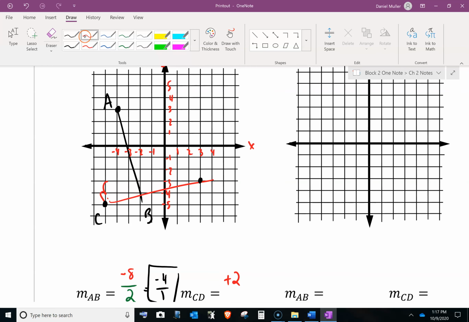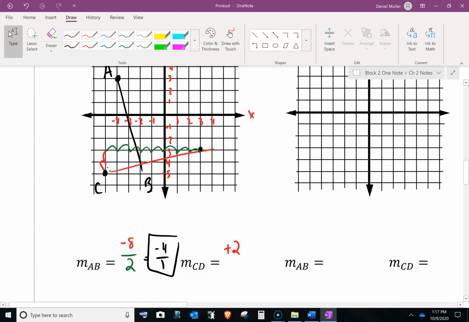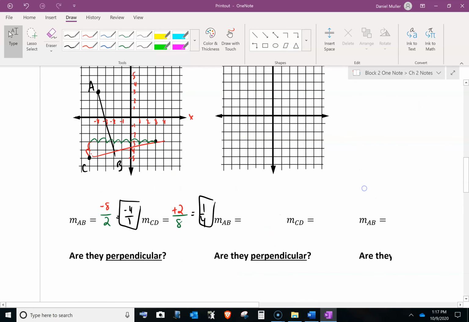And then 1, 2, 3, 4, 5, 6, 7, 8, 8 to the right. So that can be reduced to 1/4. So are these perpendicular? They're both flipped and one's negative, so the answer is yes.